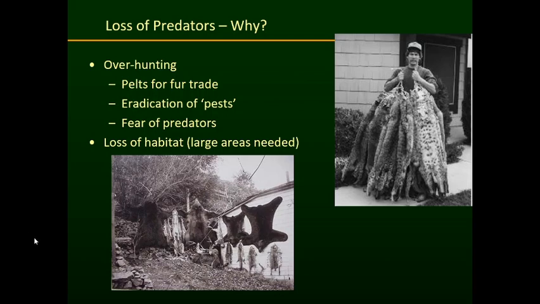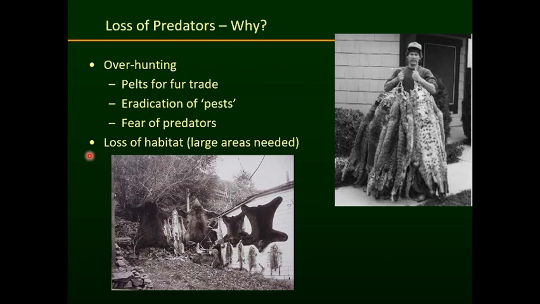Okay. Now, another major reason why we lost predators in the Southeast is because of loss of habitat. Predators need lots of space because they have to eat a lot of prey. This goes back to our ecosystem class. Remember, we learned about that 10% rule of thumb of energy that goes from one step in the food chain up to the next.